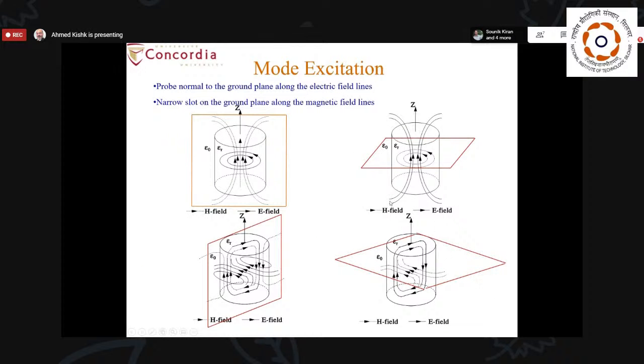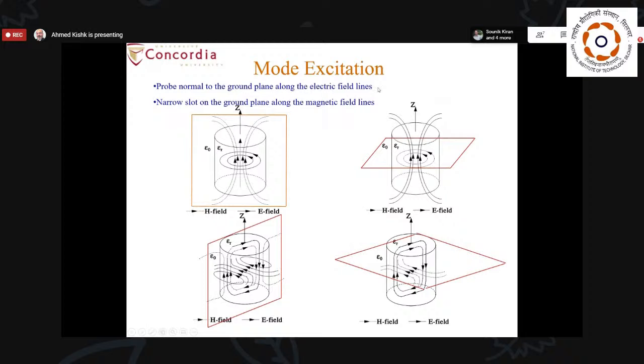Also, how to excite this mode is very important. Knowing the field distribution will tell us what kind of excitation can excite this mode. So we can have a simple rule for choosing the excitation: we can have an electric current probe normal to the ground plane along the electric field lines.